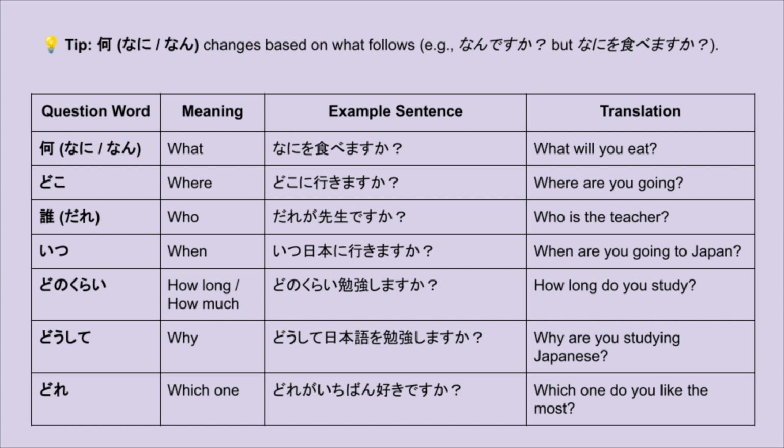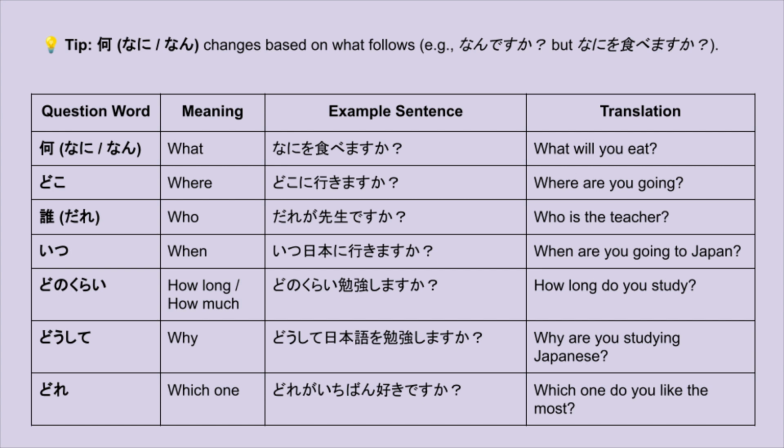When is itsu. So, itsu nihon ni ikimasu ka? When are you going to Japan? And I would answer that November, because I'm going again, which is great. For itsu, you don't necessarily have to use a particle, by the way, because in the previous three there's a particle right after it. You're fine either way if you want to or if you don't want to.